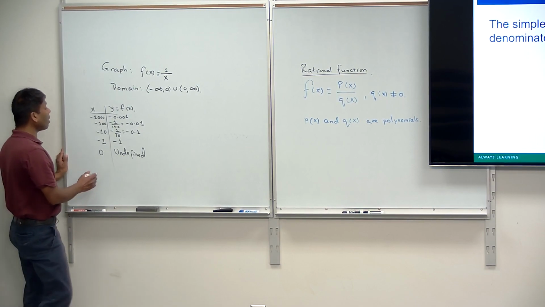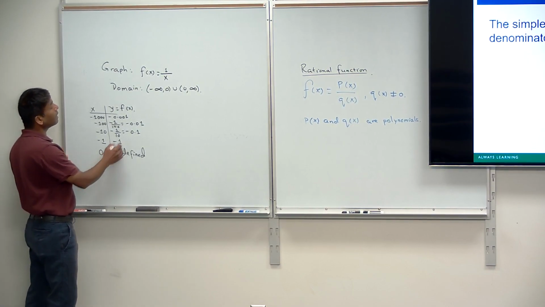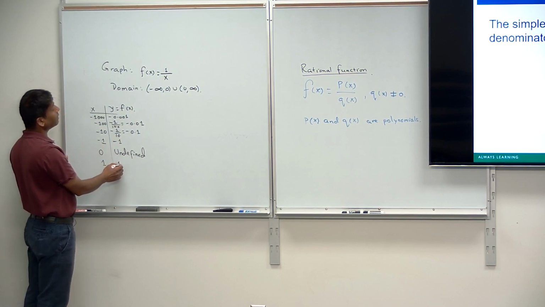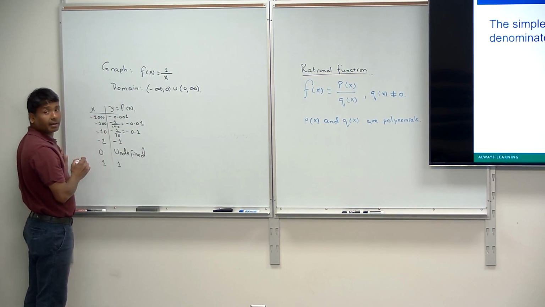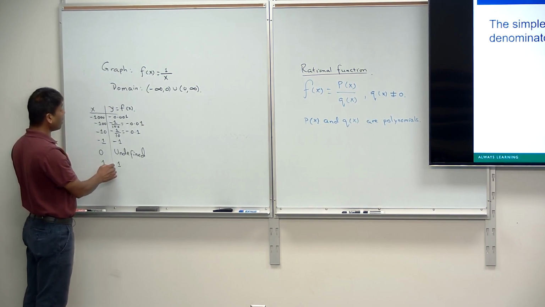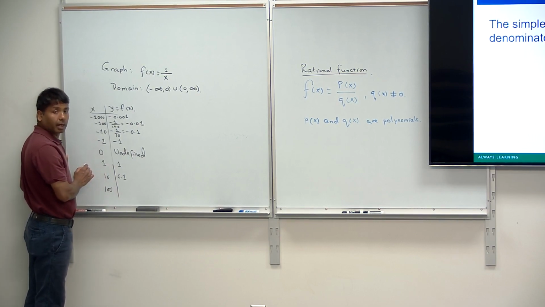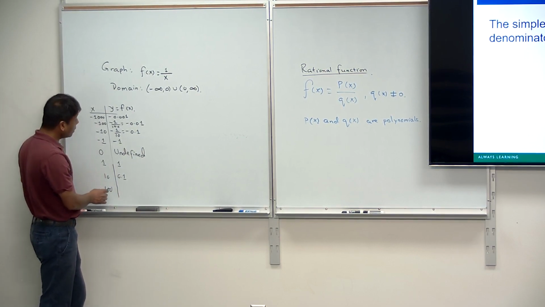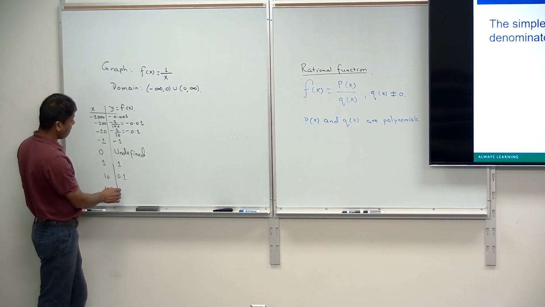And then if I plug in positive 1, it would be 1, right? If I plug in 10, it will be positive 0.1. If I plug in 100 for x, it will be 0.01. You see that?